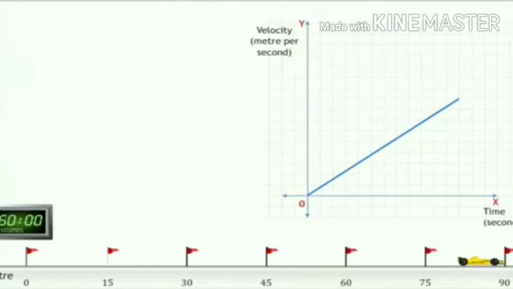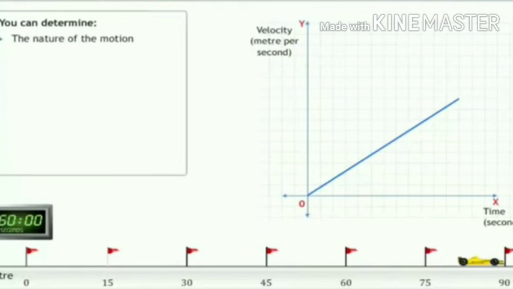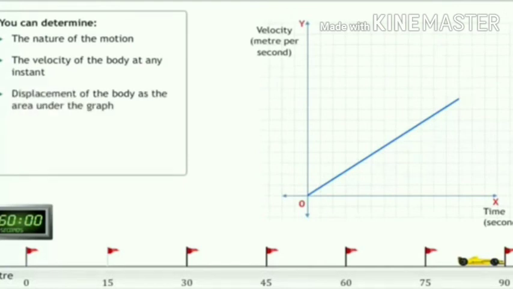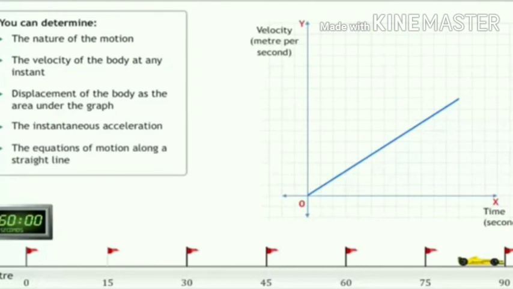Thus, from the graphical representation, you can understand the nature of the motion of that object, the velocity of the body at any instant, and displacement of the body as the area under the graph. The instantaneous acceleration for the given instant and equations of the motions along a straight line.